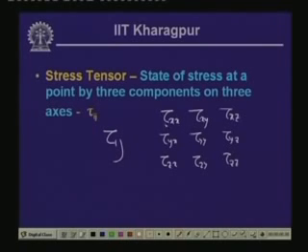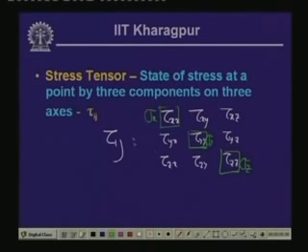Now, the components tau x x, tau y y and tau z z are normal to the plane. Let us call them sigma x, sigma y and sigma z.